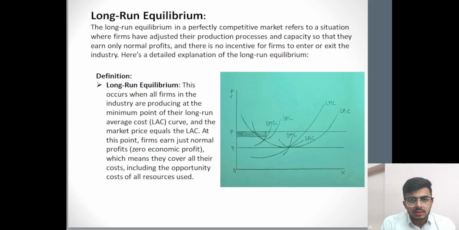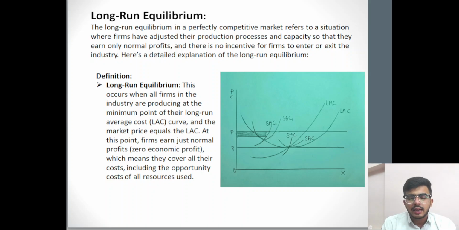The next one is long run equilibrium. Long run equilibrium in a perfectly competitive market refers to a situation where firms adjust their production process and capacity so that they earn only normal profits, and there is no incentive for firms to enter or exit the industry.